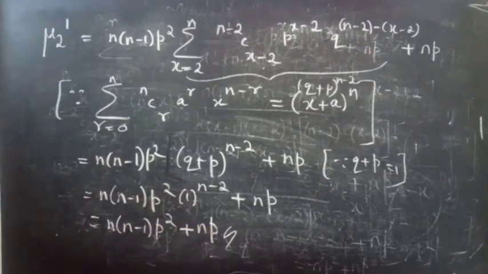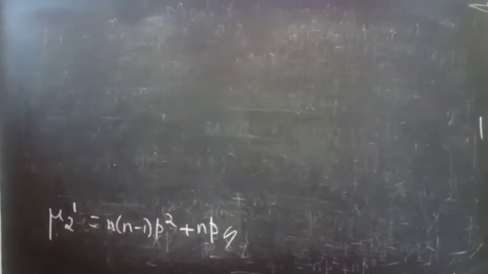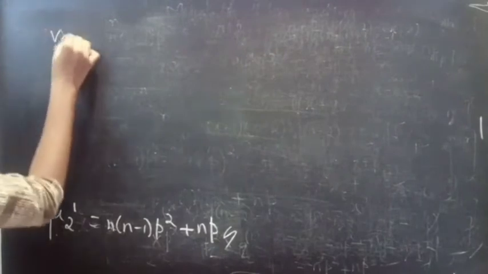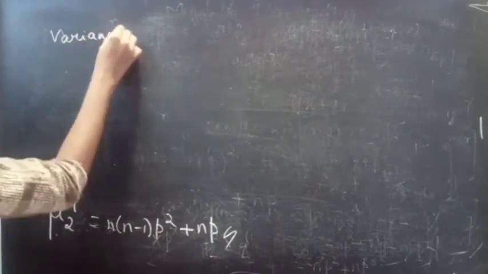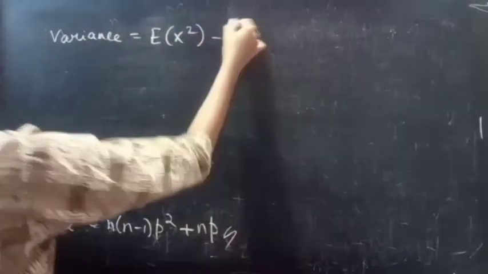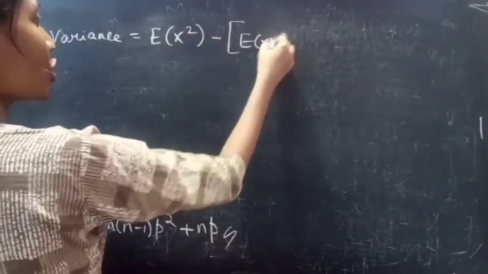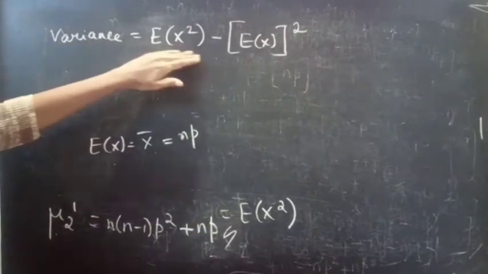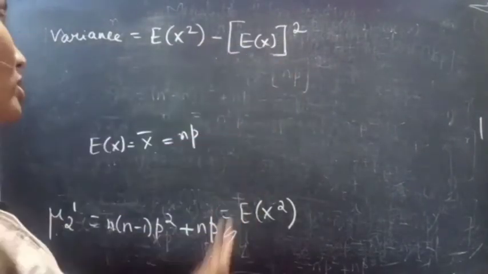Now we are going to find the variance of the binomial distribution. Variance equals expectation of x square minus expectation of x whole square.